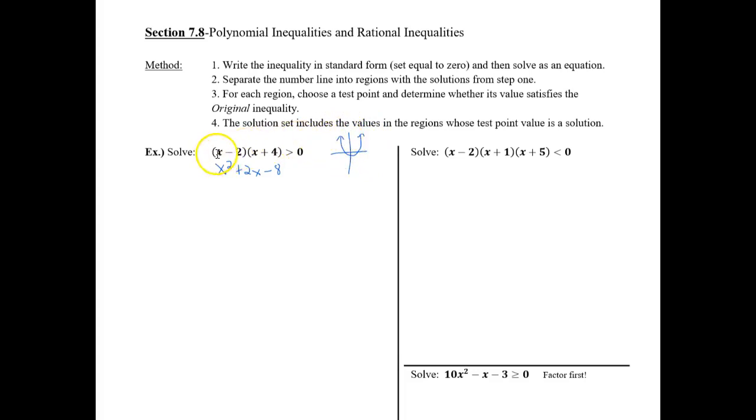But they have this U shape here. And what this inequality is asking is what are all the x values such that the y's are greater than 0. So y is going up and down. So where's the y greater than 0? I'm going to pick a different color here.